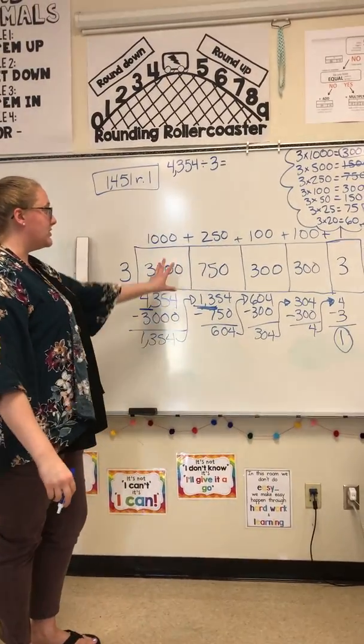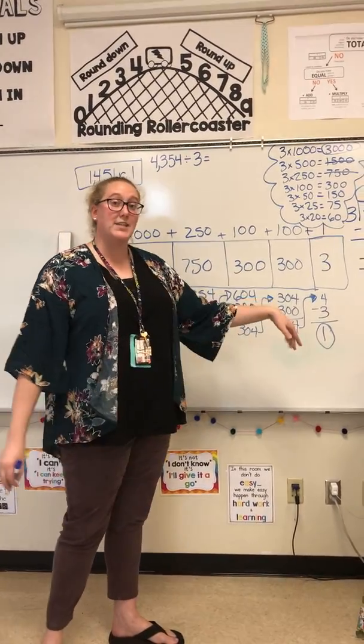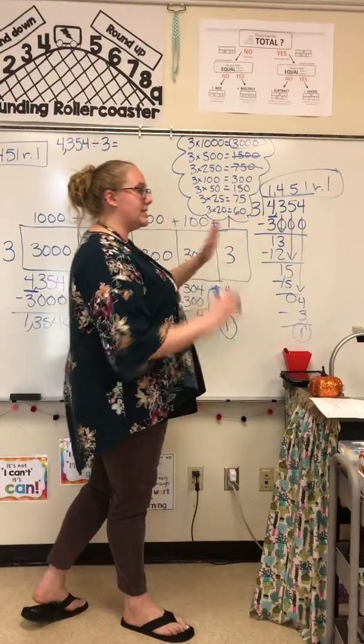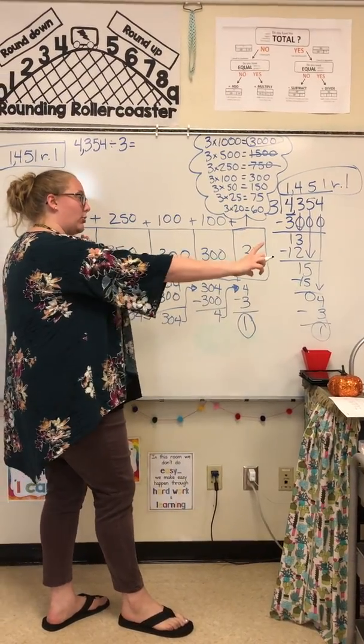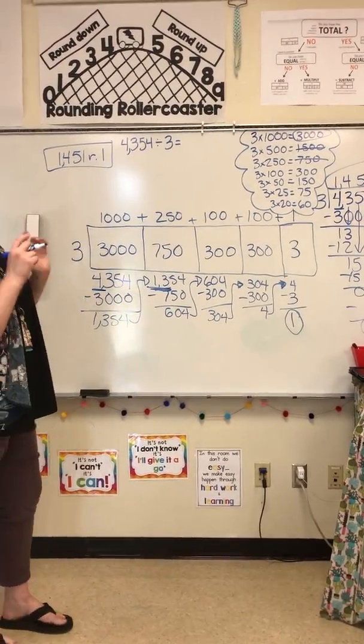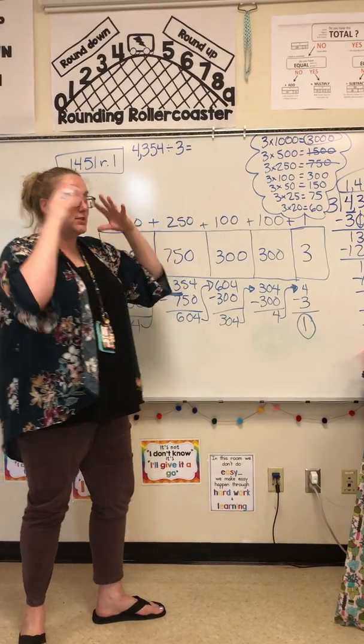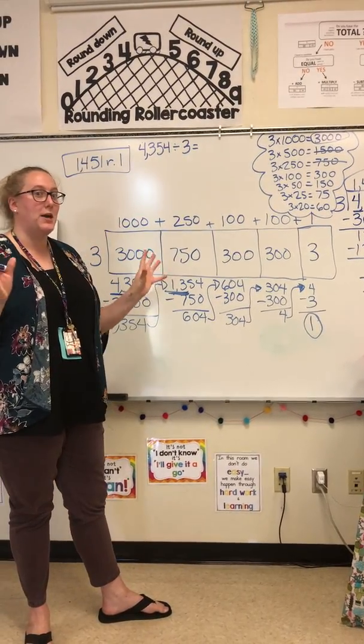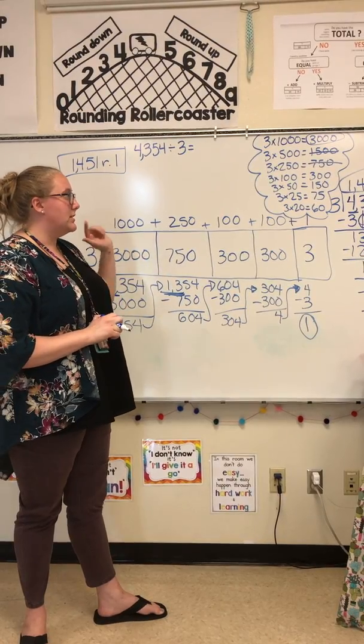And so there are some kids who can do it in fewer steps and it looks more like this. It's just in a horizontal format. The kids that need the friendly numbers, they need the friendly numbers.